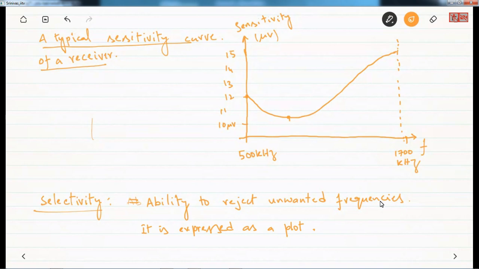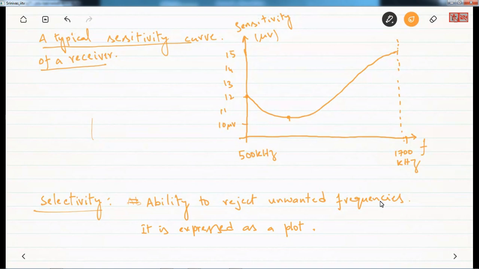If you change the input frequency, obviously the output signal will reduce. The receiver is tuned to a particular frequency, 700 kilohertz, but the input frequency is not 700 kilohertz, it is 690 or 680 or 660, or it is 710 or 720 or 730 kilohertz.